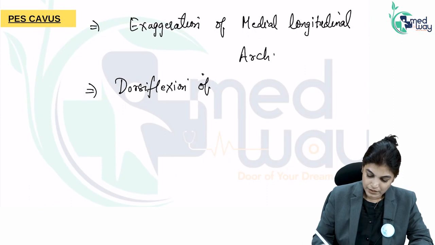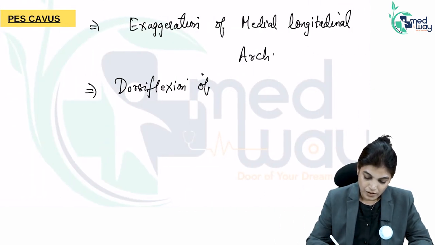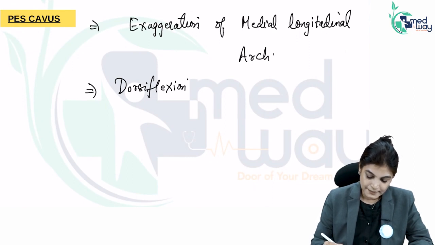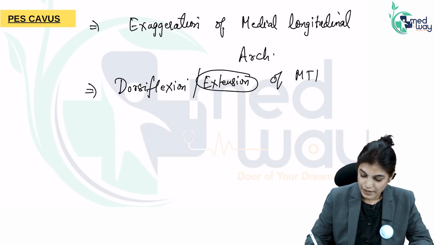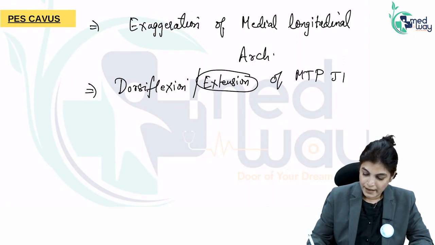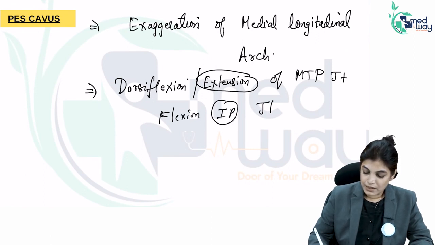If you see, the patient will have a somewhat extended metatarsophalangeal joint, and the interphalangeal joints will be flexed. So, there is dorsiflexion, or you can say slight extension of the metatarsophalangeal joint, and there will be flexion of the interphalangeal joint when the person is walking with a high arched foot.